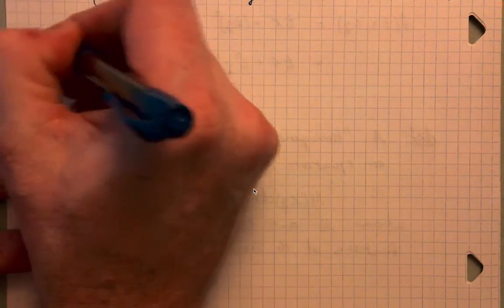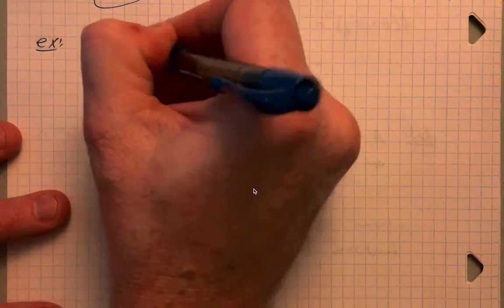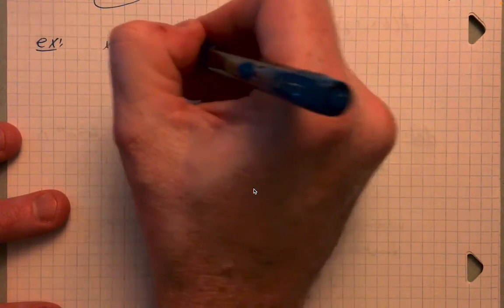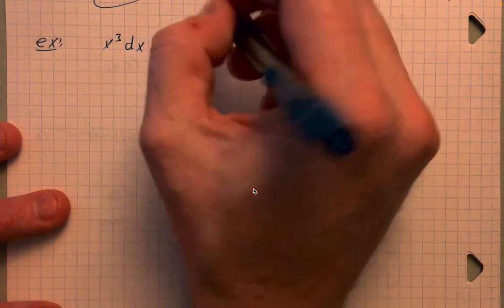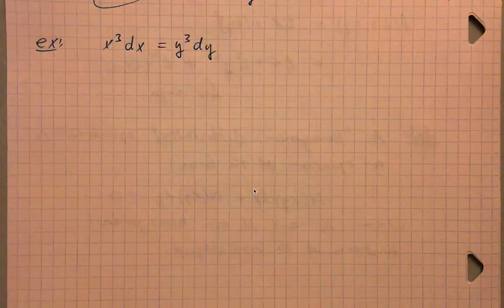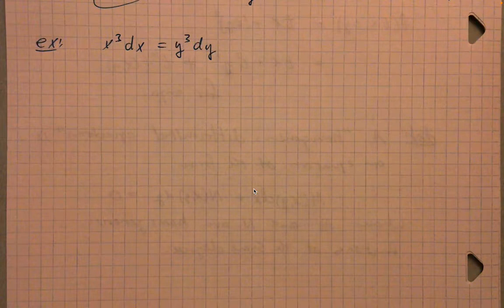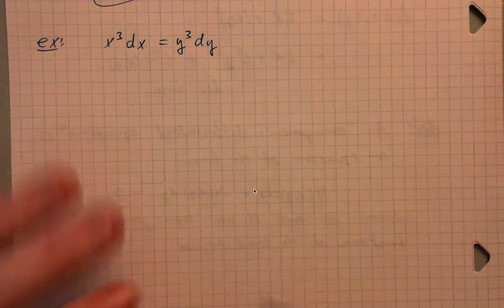Here's another example. x cubed dx equals y cubed dy. So is this a homogeneous differential equation? Yeah, this one we can see, right?